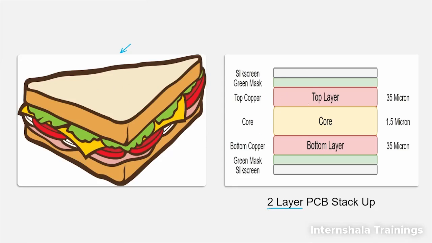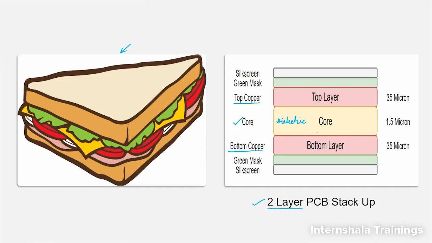As we are dealing with the 2-layer PCB, there will be only 2 copper layers. One copper layer will be on the top and the second on the bottom, and these 2 copper layers are isolated by a core, which we also call a dielectric.